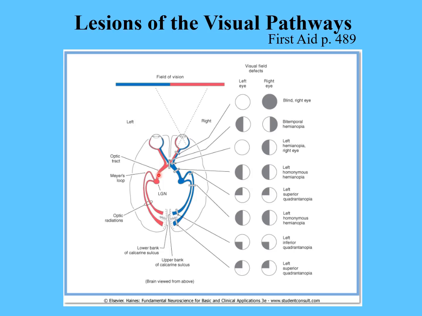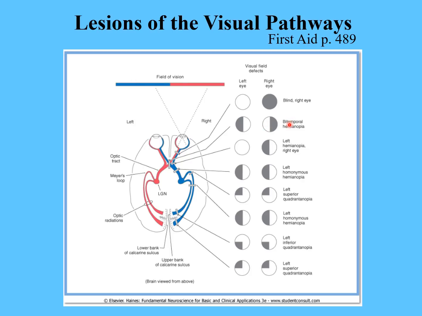The resulting vision will be that the person would have a bitemporal hemianopia. They would be able to see in the nasal field, that is the right visual field of the left eye, and they'd be able to see in the left hemifield of the right eye.